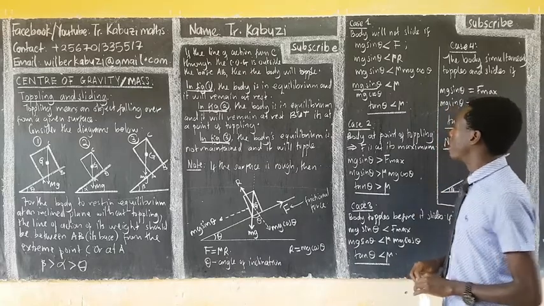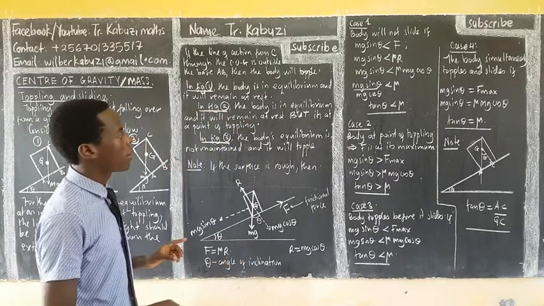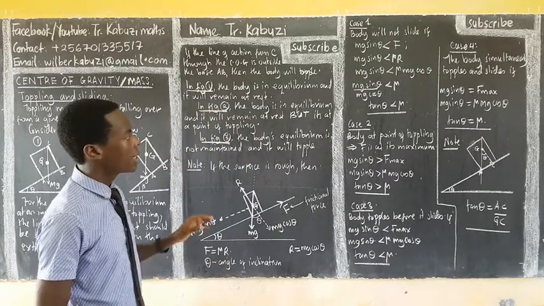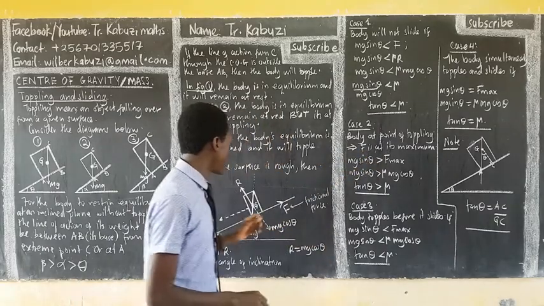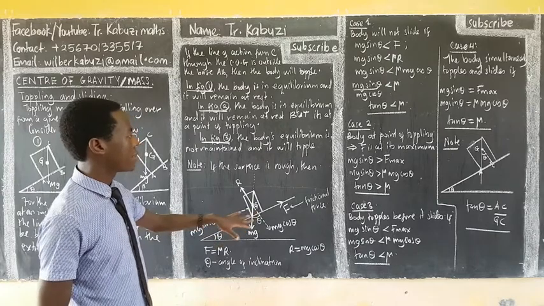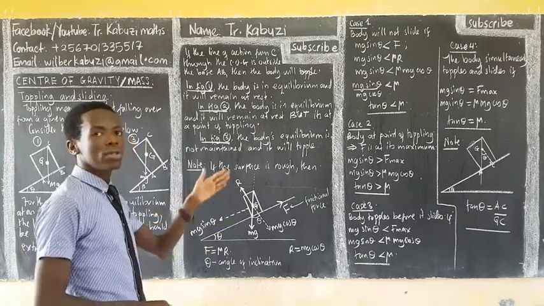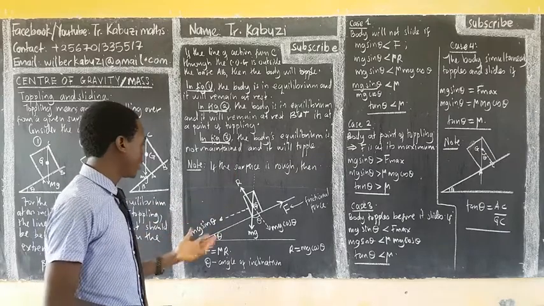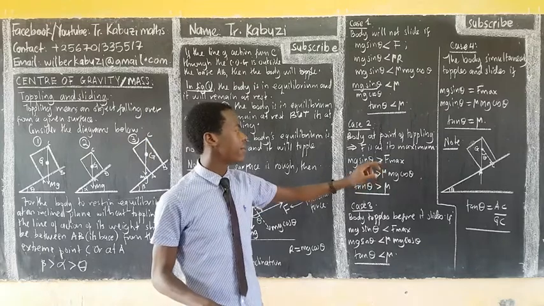Then case 2, the body at the point of sliding. Now the body is at the point of sliding. It implies that F is at its maximum. It means that the force pulling the body downwards is now greater than the frictional force.